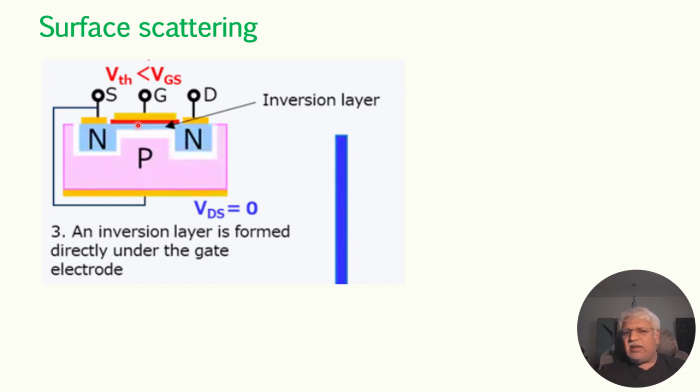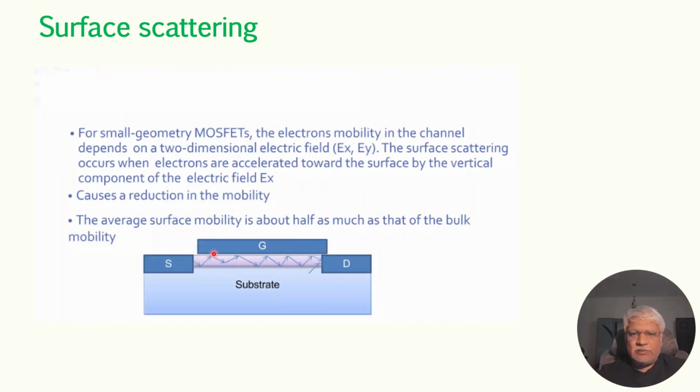However, in the short channel we will go a little bit deeper, and we will observe that there are two electric fields, one in this direction due to the gate, and another in this direction. So there are two electric fields, in both the horizontal and vertical directions, and because of this the electrons, which have to stay within the channel region, will be moving up and down like this.